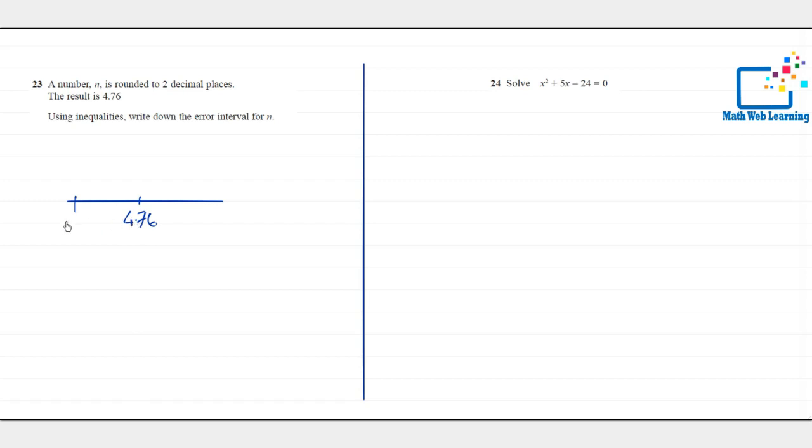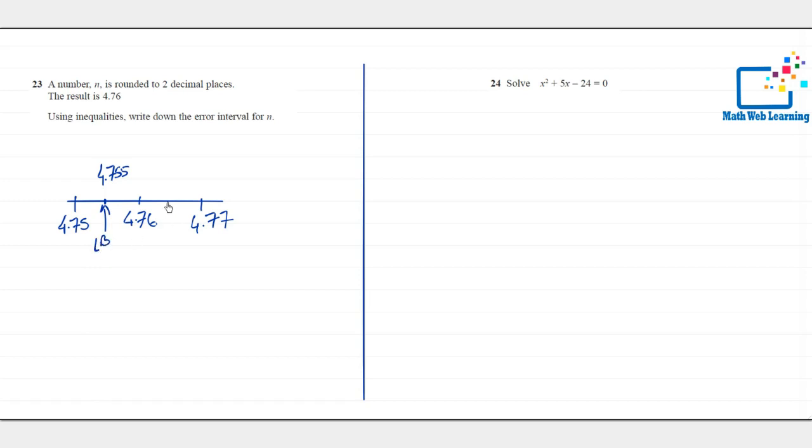So the number before it will be 4.75, and the number after it will be 4.77. Now go ahead and find the midpoint. That number is 4.755, and that number would represent the lower bound.